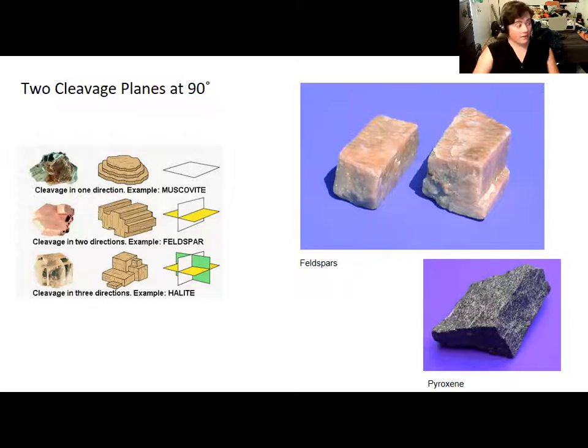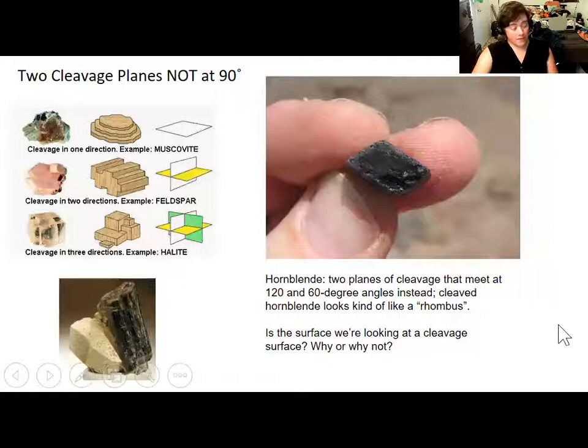So these examples have 2 planes of cleavage that meet at 90 degrees. There are some minerals that have 2 planes of cleavage where they do not meet at 90 degrees. So hornblende, which is an igneous mineral that we'll talk about more, has 2 planes of cleavage that form more of a rhombus shape. You get 120-degree angles and then 60-degree angles.